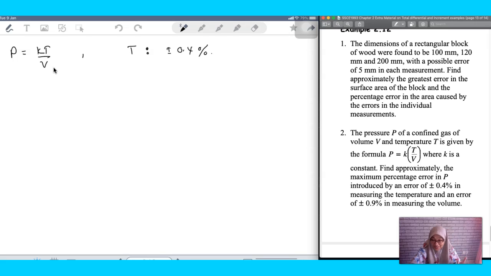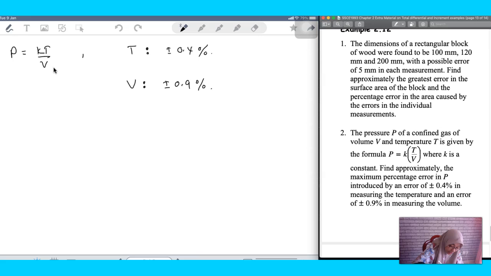Plus minus means it can be increased or decreased. Similarly for the volume, something about the volume, I'm not saying V equal to plus minus: we have plus minus 0.9%. This is the only information that we have so far.